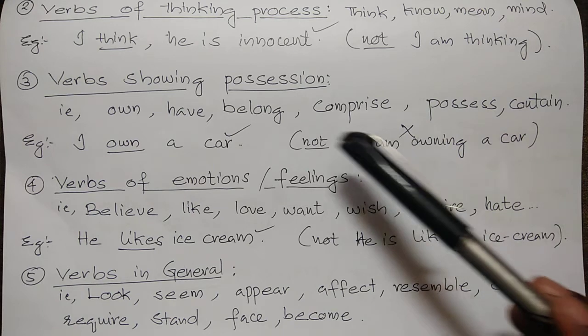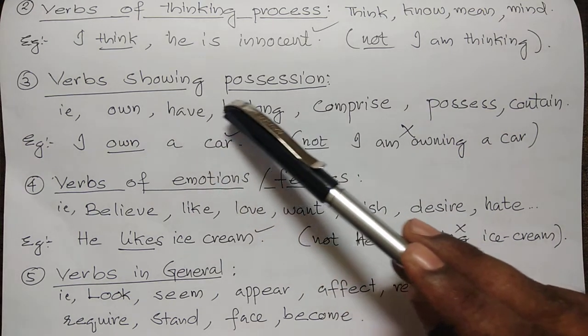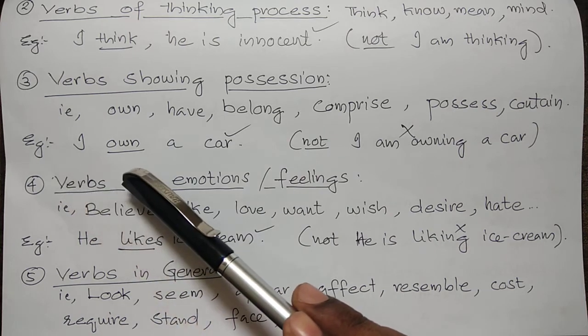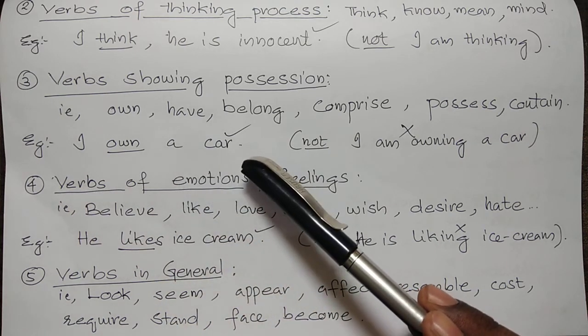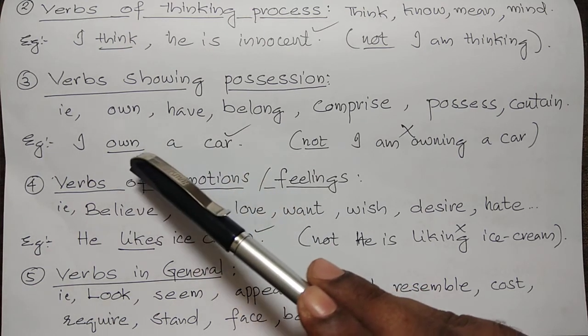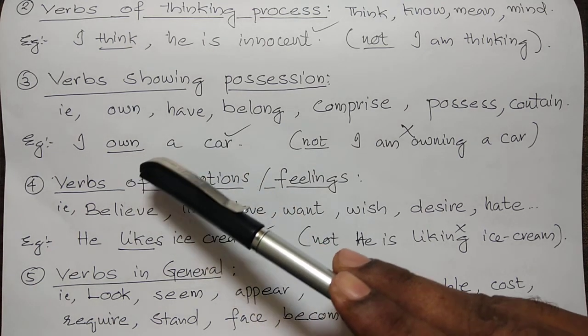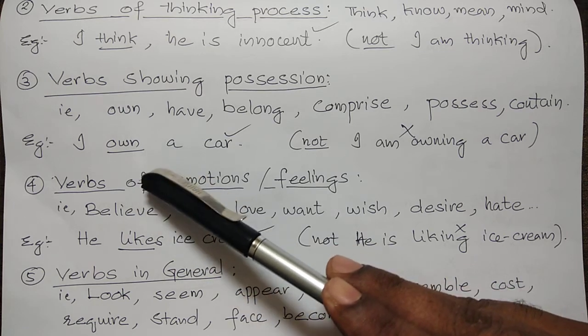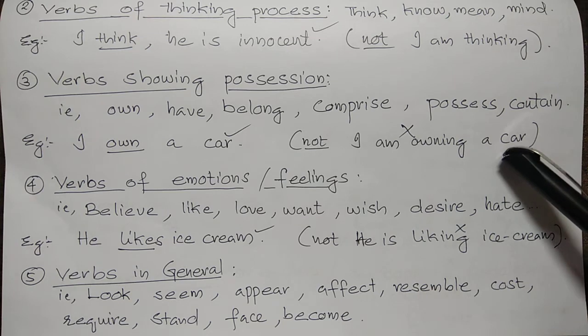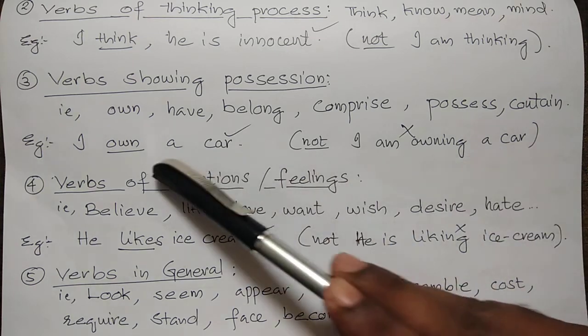All these are stative verbs showing possession. See the example, I own a car. It's a verb showing possession. Here we cannot use I am owning a car. That is wrong.